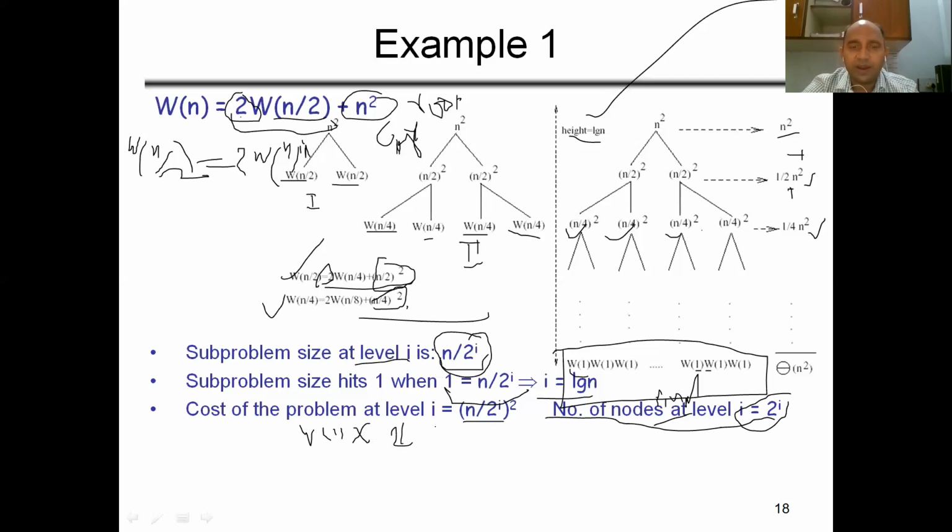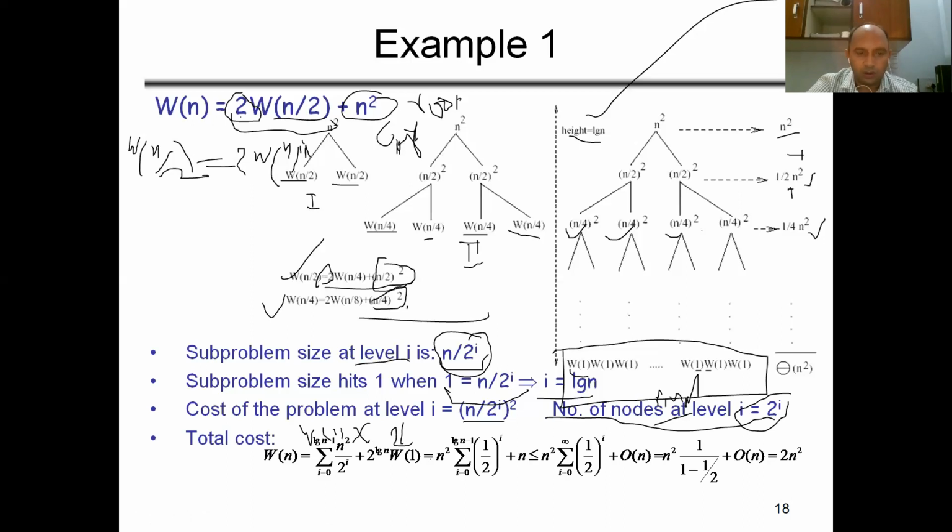I have found that i is log n, so I can put i as log n. Finally, I can write the total cost of this tree by this equation: W(n) is equal to the cost of all levels except the last level plus the cost of the last level, represented by this factor.